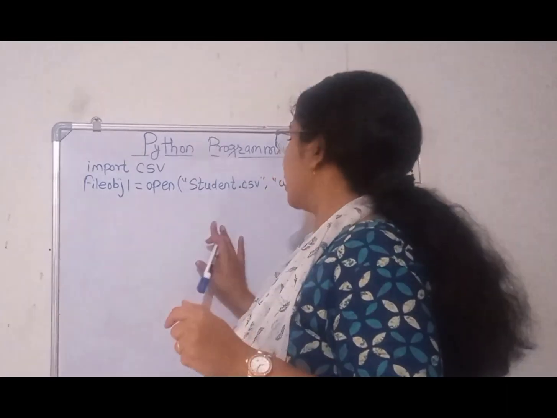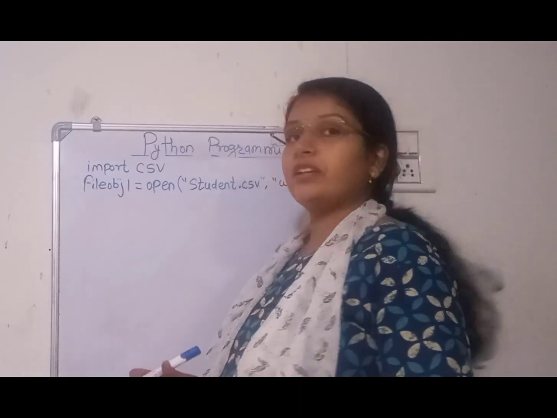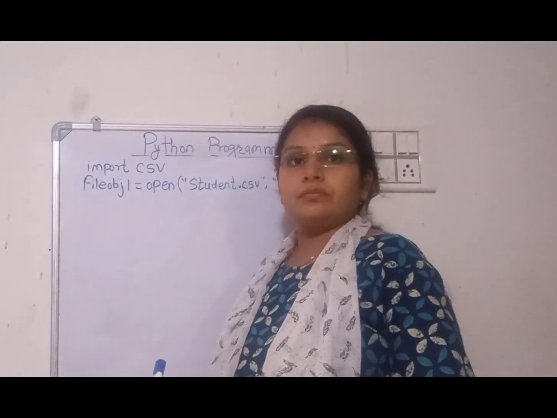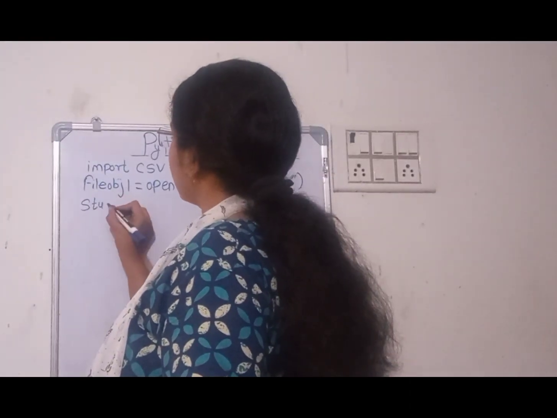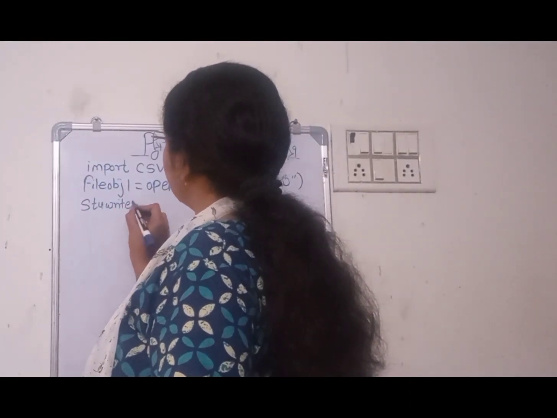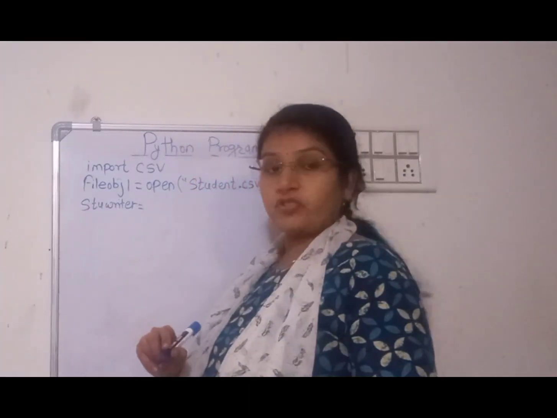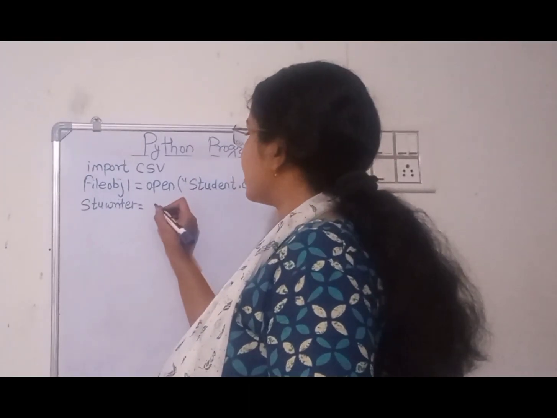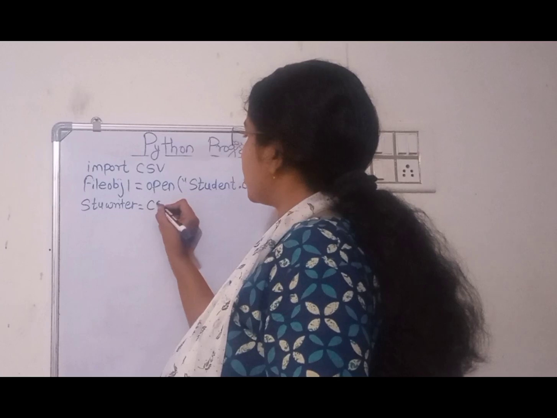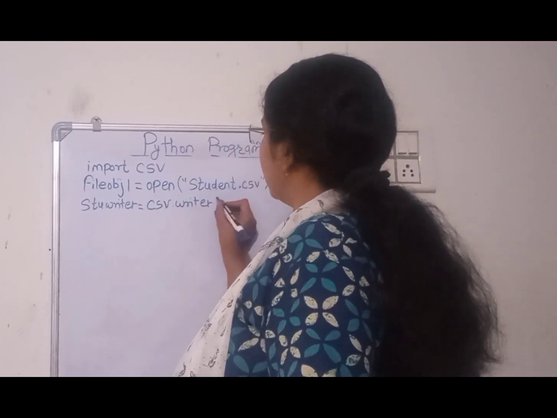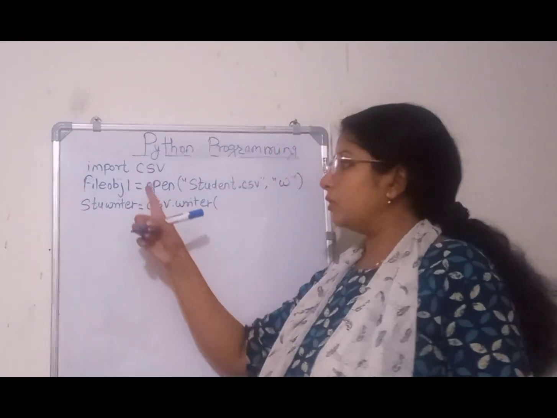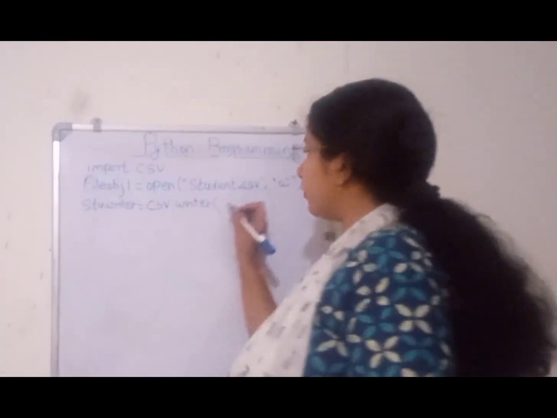After creating the file object, we are creating the writer object. Give the name, suppose I am giving stu_writer. This is my writer object. The syntax is the same, csv.writer, then give fileobject1 as a reference.